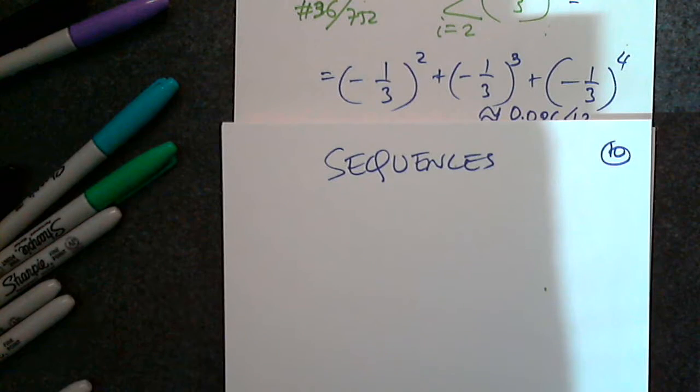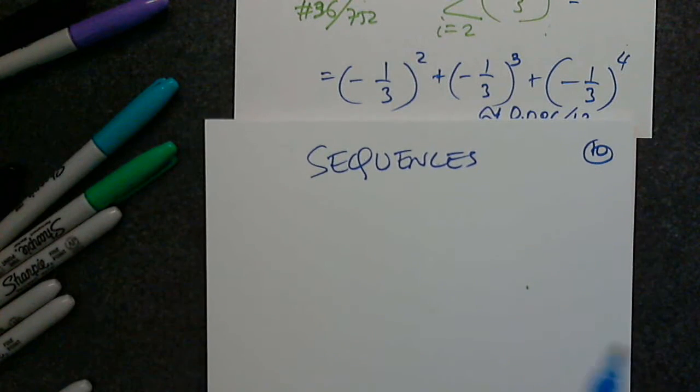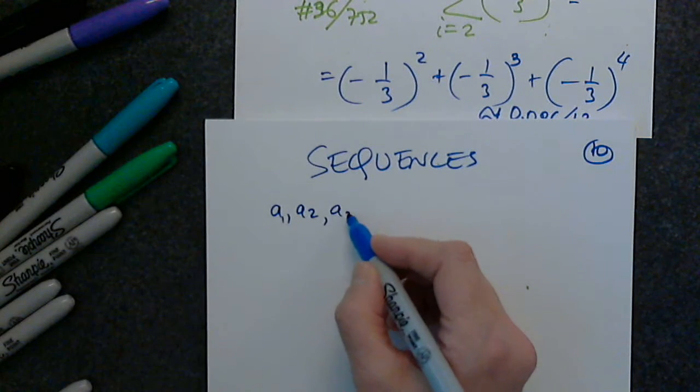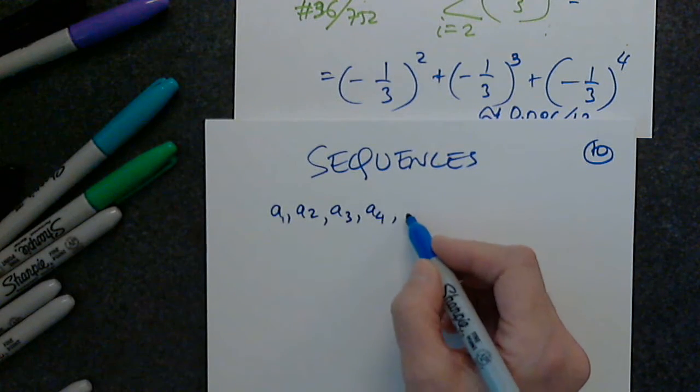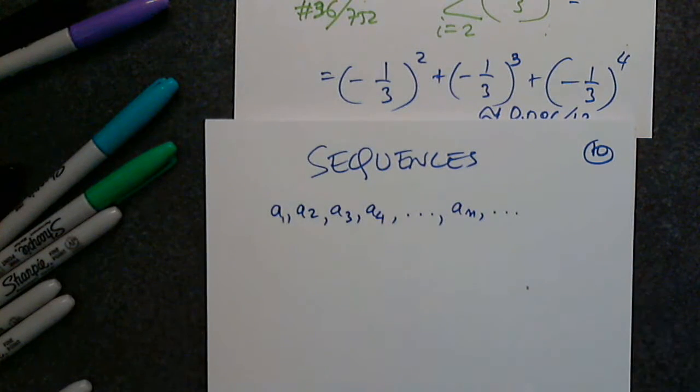Okay, so here's how a sequence looks: a1, a2, a3, a4, dot dot dot, an, dot dot dot.